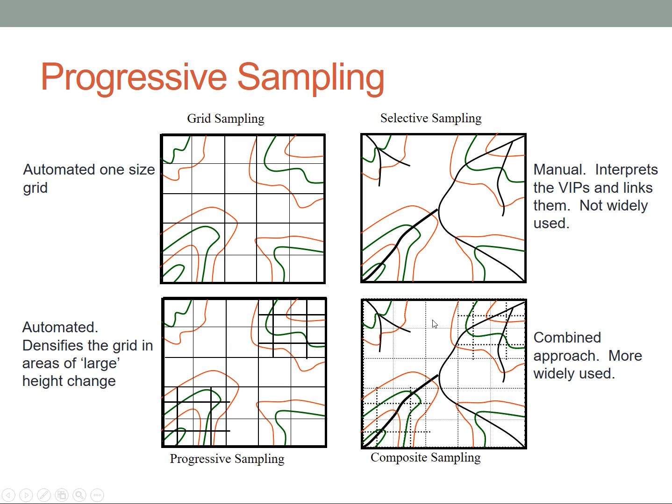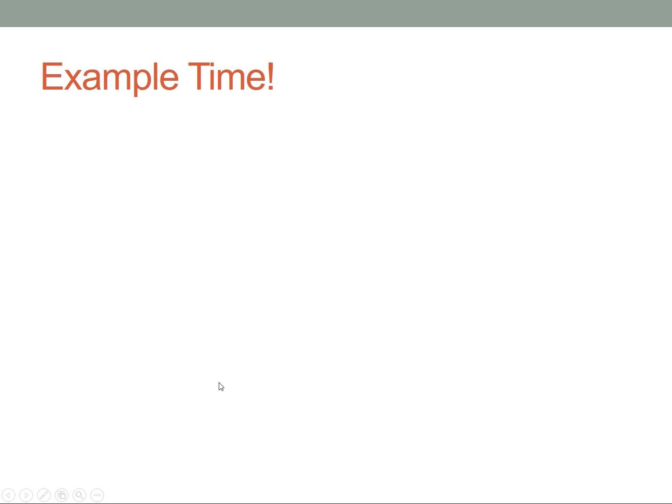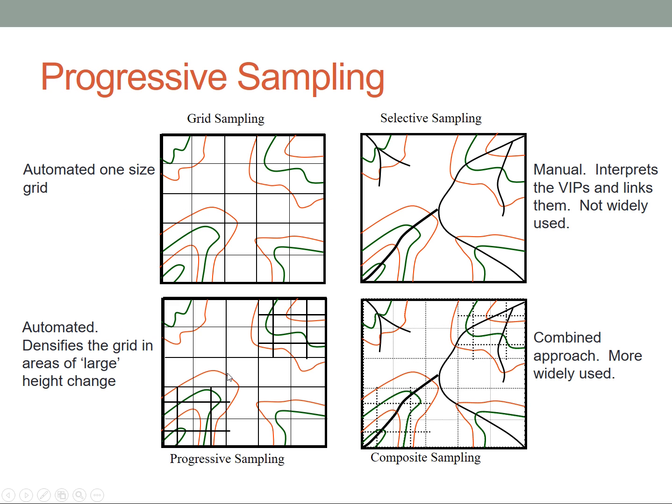And then areas that's not as important, we can just leave it, and it's not showing any major change, then we can just leave them empty and leave them as a large grid. So it allows for a little bit more flexibility. It allows for less of an error to happen within automation.